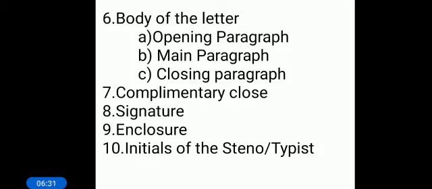So along with your resume, you have to enclose the related documents like your marks card, character certificates, or any valid identity proof. Okay, next one is initials of the steno or typist. So at the end of the letter, the initials of the typist will be mentioned. So these all are the elements or parts of business correspondence.